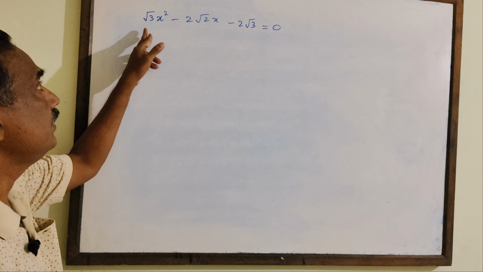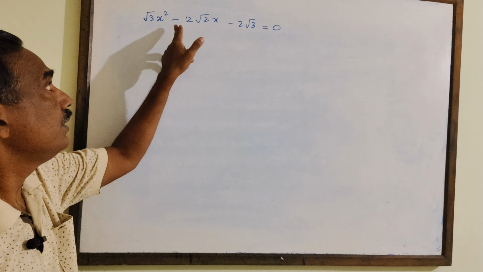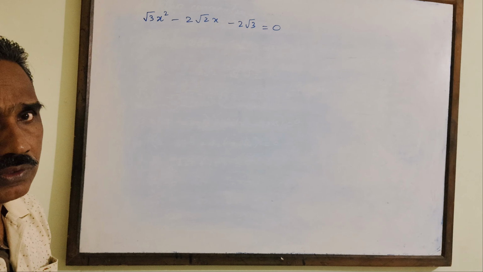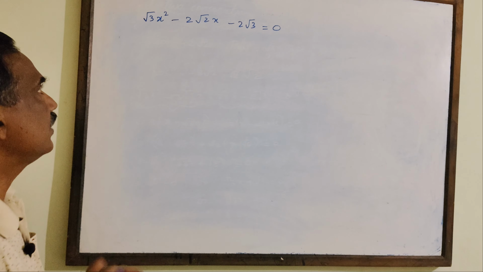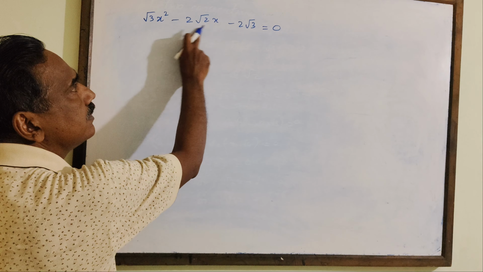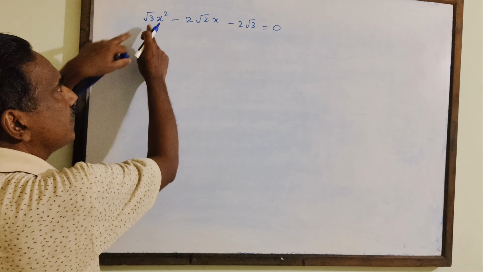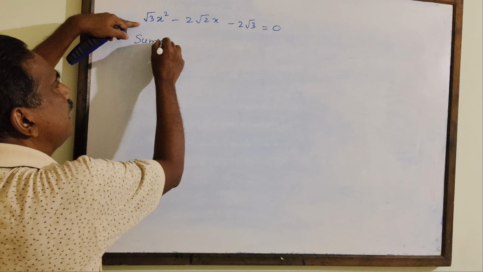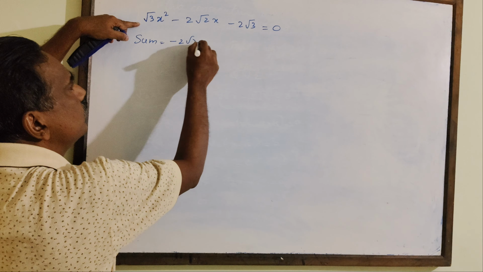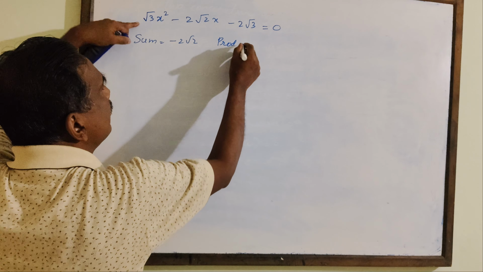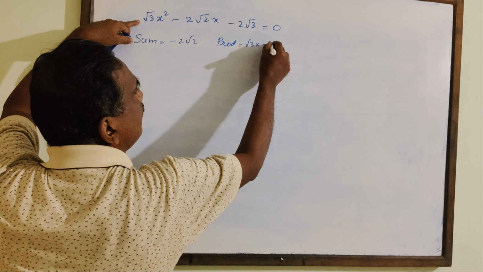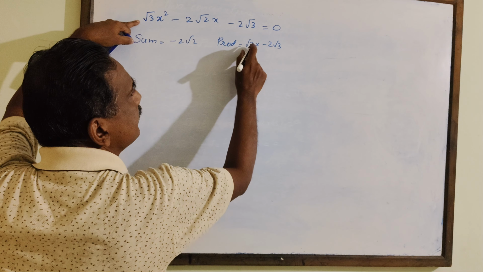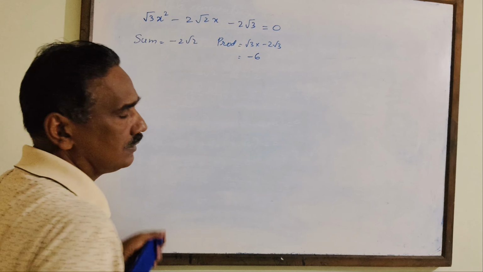Now the second question. You are given a quadratic equation here. You have to solve this by the factorization method. As you know, in the factorization method, you have to find two numbers whose sum is minus 2 root 2 and product is root 3 into minus 2 root 3, that is root 3 times root 3 becomes 3, into minus 2 becomes minus 6.